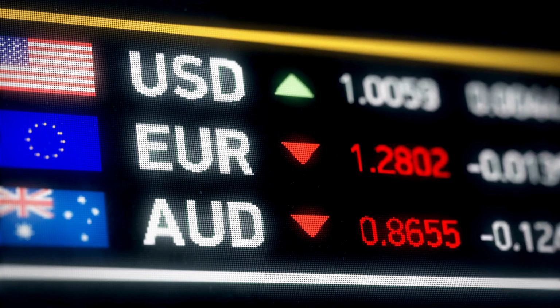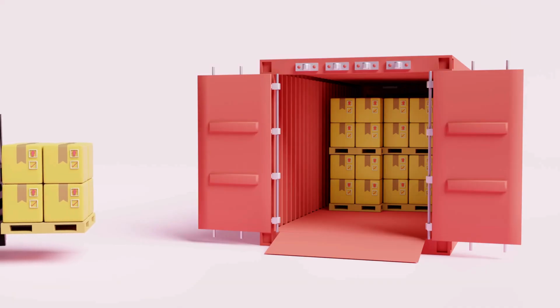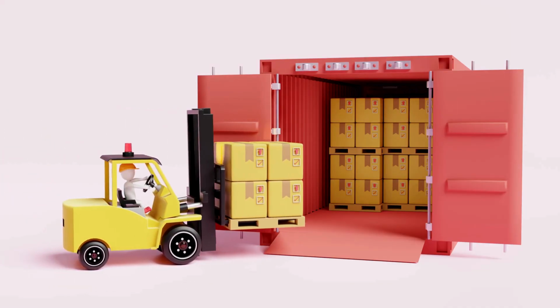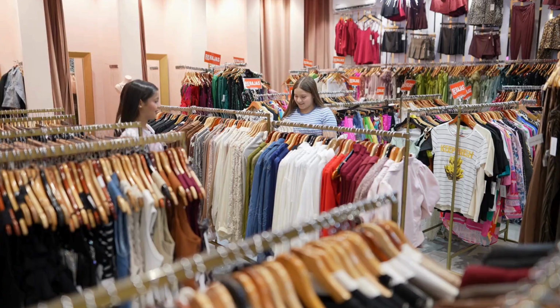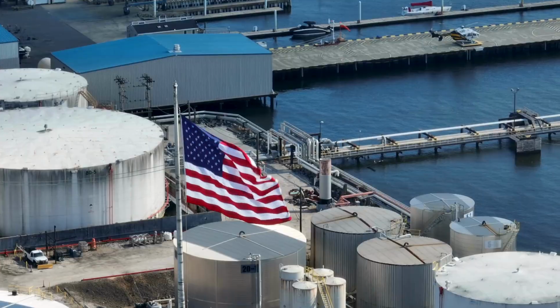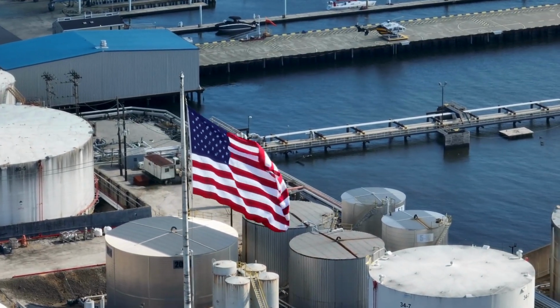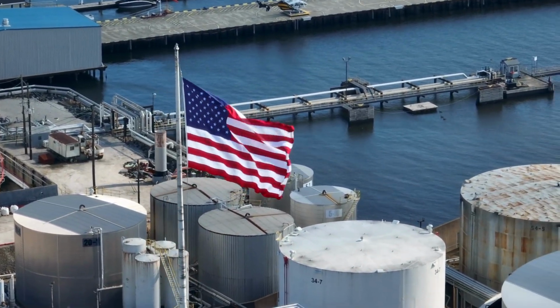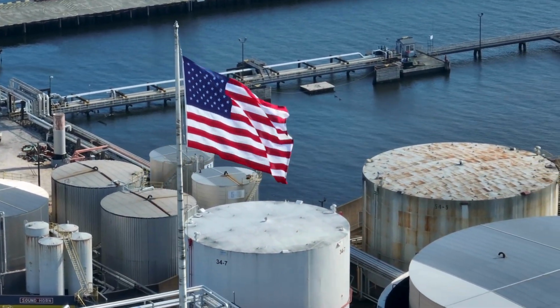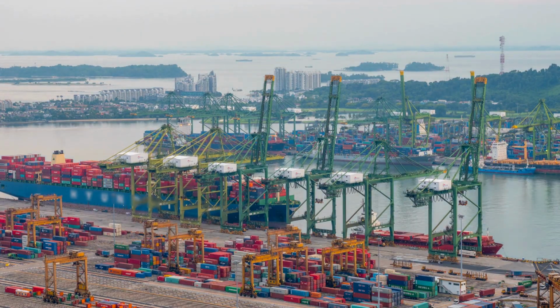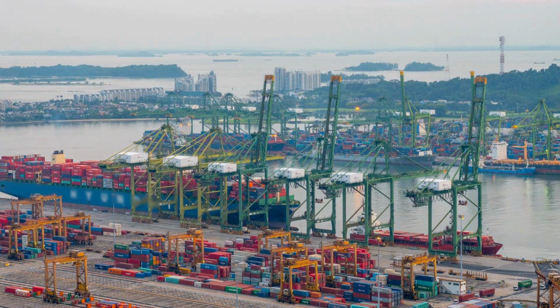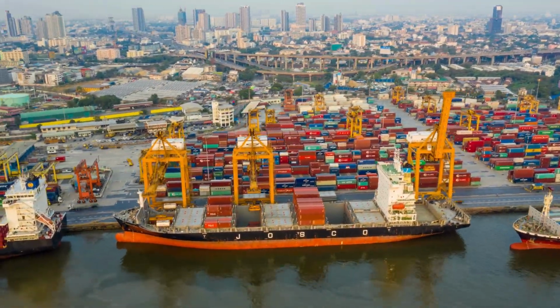Now, let's talk about the first major benefit. A strong dollar makes imports cheaper. That means electronics become more affordable, clothing costs less, fuel and raw materials get cheaper. Think about it this way. When the dollar is strong, US companies can buy goods from other countries at lower prices, and in many cases, those savings are passed on to consumers.